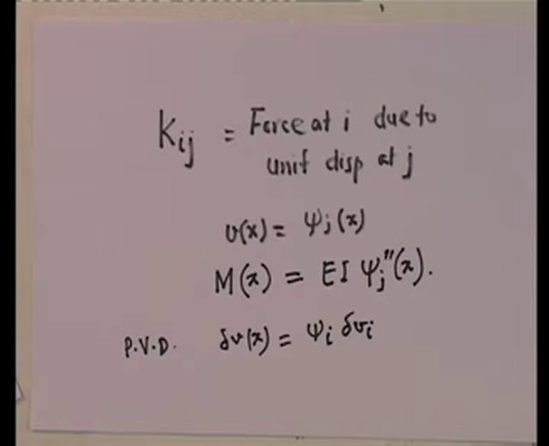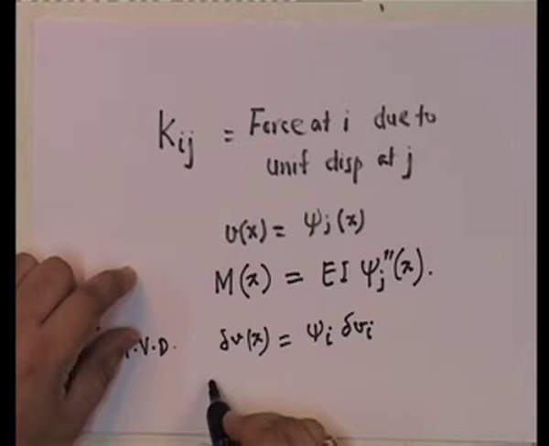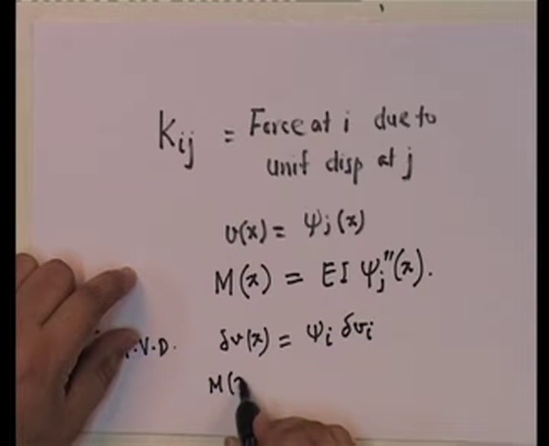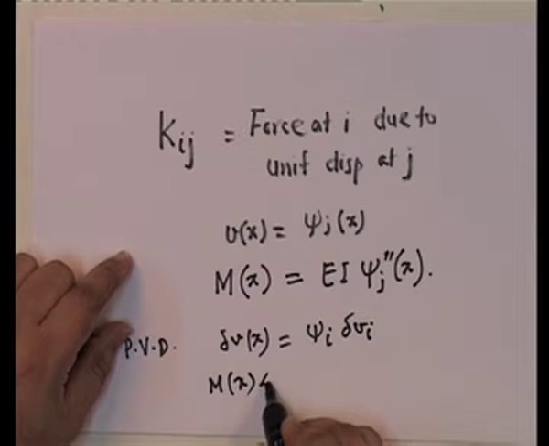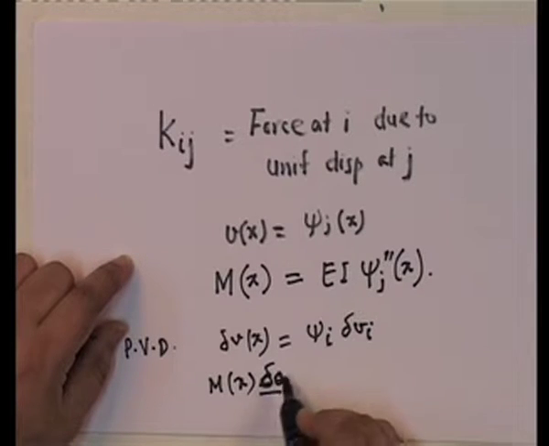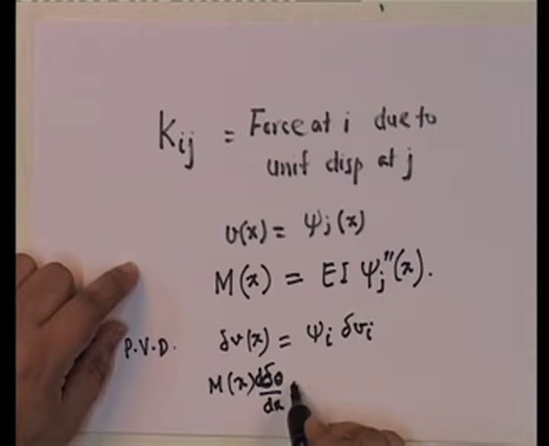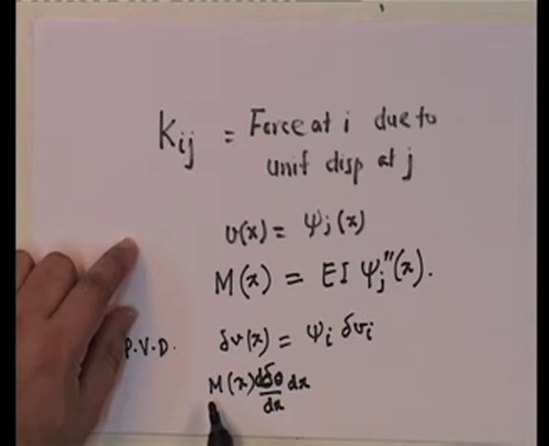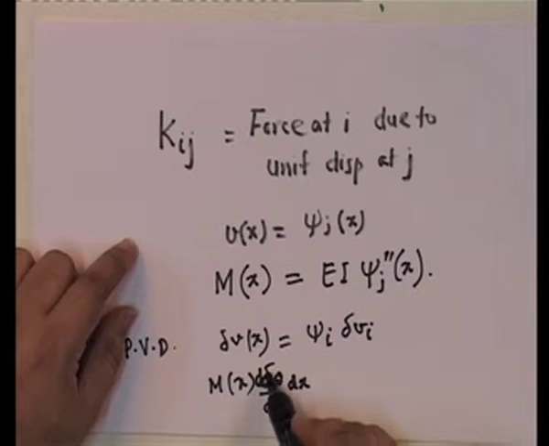So, if I have that, then M x has to be multiplied by the delta theta x, that is d delta by dx d theta, into dx. Okay. So, the work done is this, because what is this one?